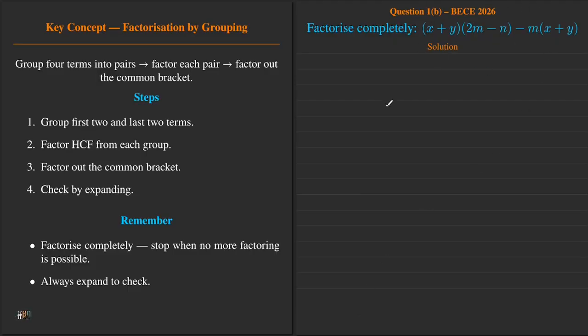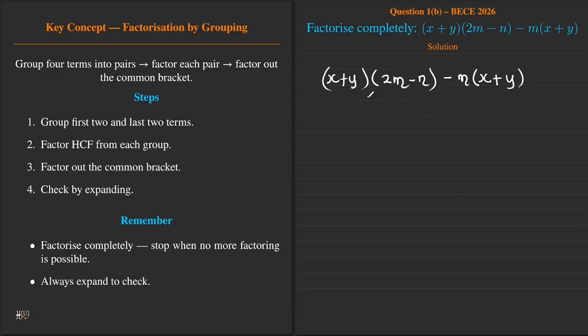So looking at what we have here, it says you have to factorize completely x plus y, then into another bracket, we have 2m minus n, then minus m into bracket x plus y.